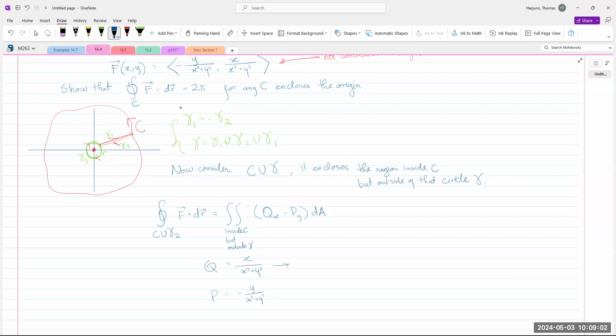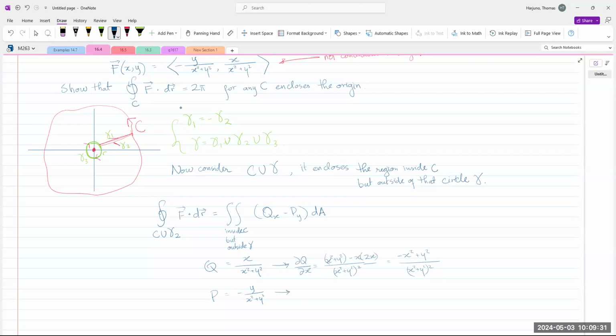If I do the partial of q with respect to x, then on the top I will get x squared plus y squared minus x times 2x. That is negative x squared plus y squared over x squared plus y squared being squared.